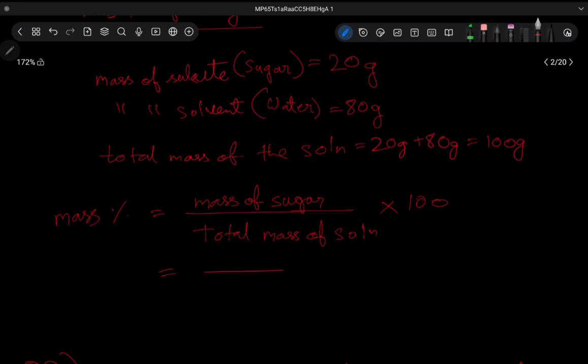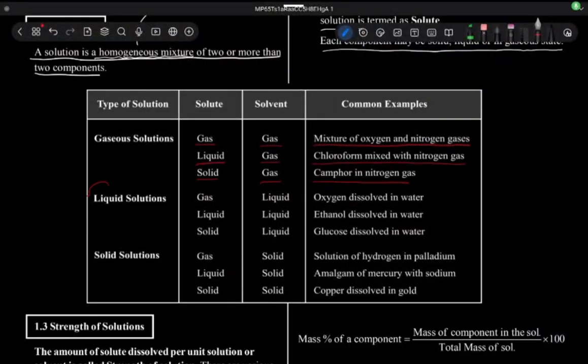So the mass of sugar is 20, the total mass of solution is 100, into 100. So the 100s cancel. Mass percentage is 20%.